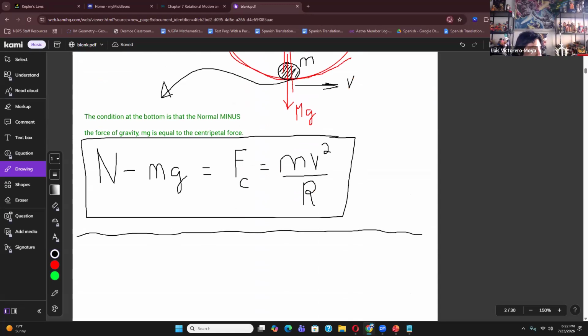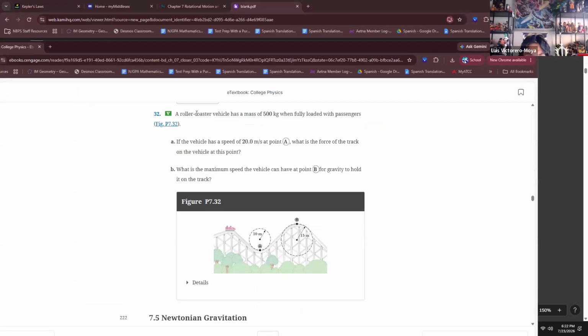So then we have examples of this. One was the one I showed you yesterday. And one is the following, this one here. A roller coaster has a mass of 500 kilograms when it's full. If the vehicle has a speed of 20 meters per second at point A, you can approximate this to have a radius of 10.